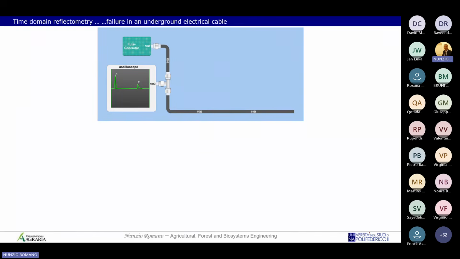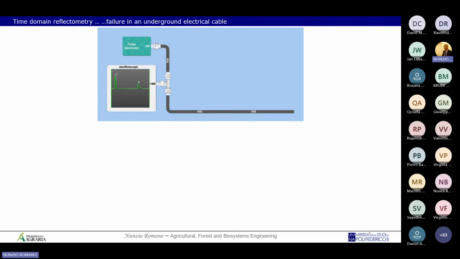Again, from an educational point of view, I am asking you all if you understand from what principle the TDR comes from. And the basic idea is the failure in the underground wire, the electrical wire.